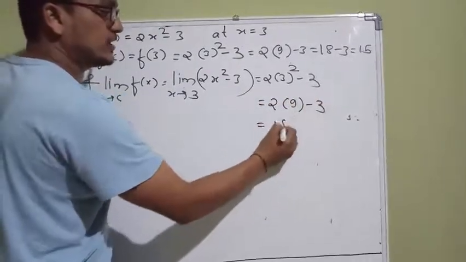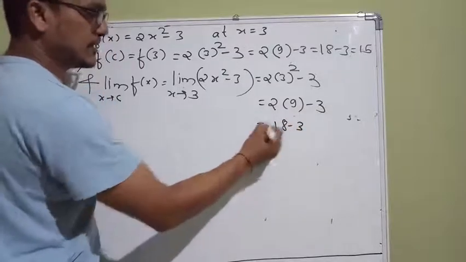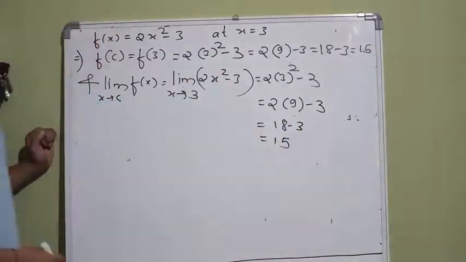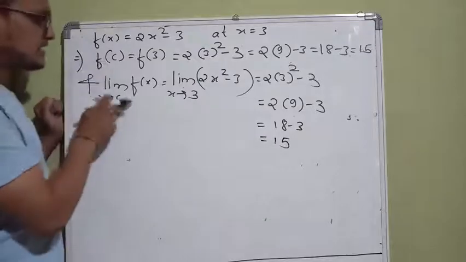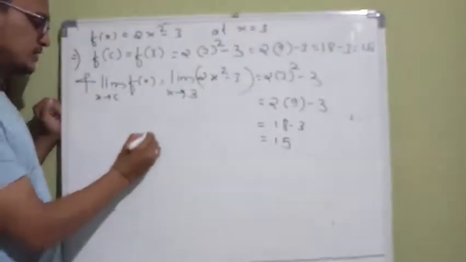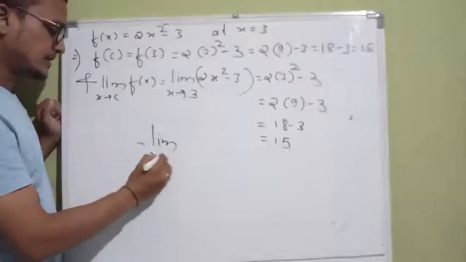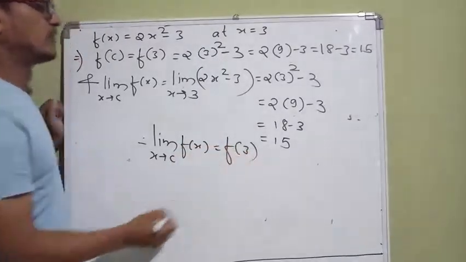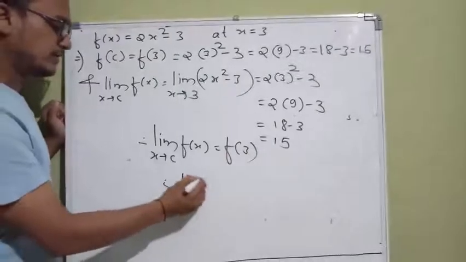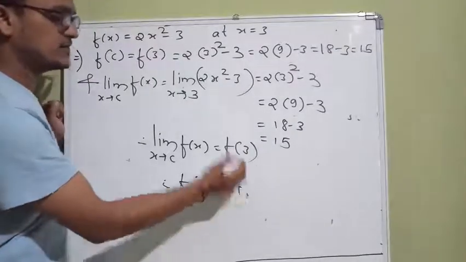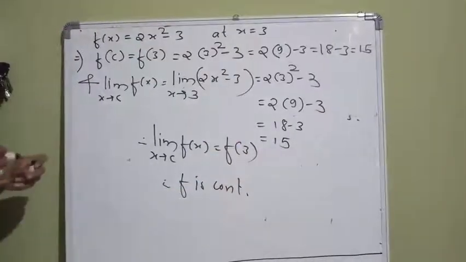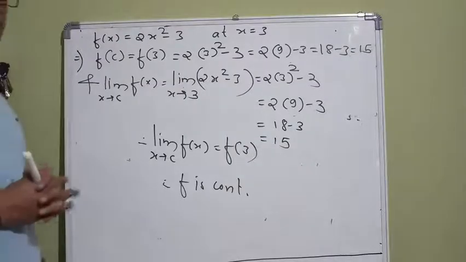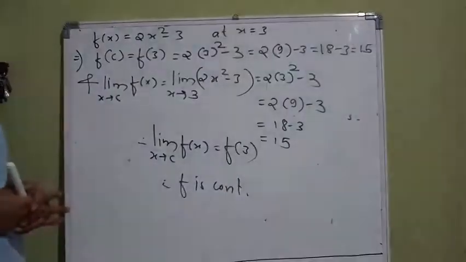So the answer is 15 again. If you observe, f of c and the limit both are the same. So limit x tends to c, f of x is equals to f of 3. Therefore f is continuous. Further examples I will solve in the next video.